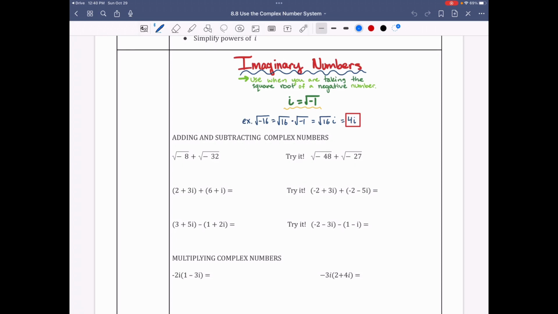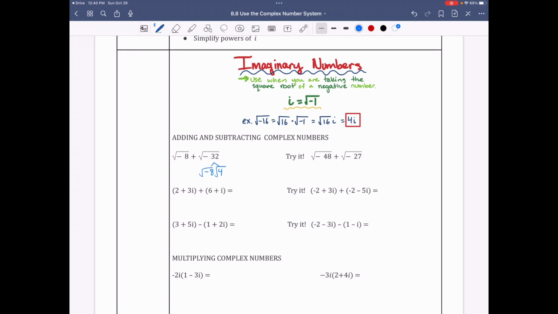Let's look at what we have when we're adding and subtracting complex numbers. Well, remember that we can only add if we have like radicands or radicals, and I can split -32 into -8 and 4, and I can take the square root of 4, which is 2.